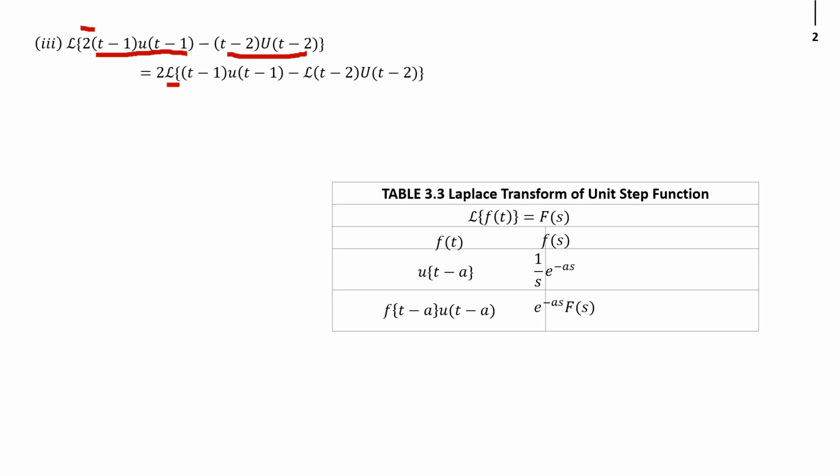I do the transformation separately. And now we can compare with the second property, not the third property, second property. a here is 1, and another a is 2.